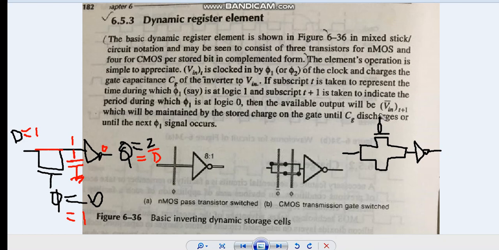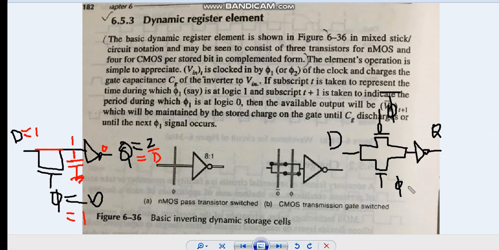This is phi, this is the PMOS, this is the NMOS here. So parallelly connected makes a transmission gate here. So this is phi bar on the PMOS and this is phi on the NMOS here. Here the input is D and this is output Q here.